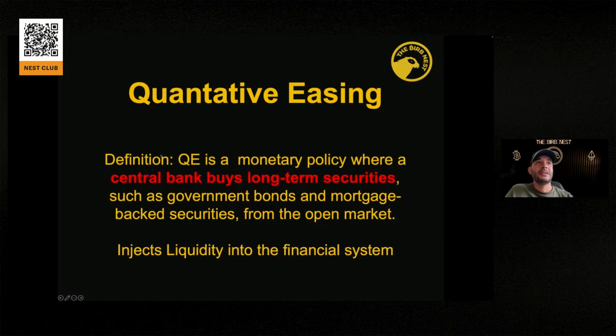Quantitative easing is something a little bit different, although they're related to each other. It's a monetary policy where a central bank buys long-term securities, such as government bonds, from the open market. What it does is inject liquidity into the financial system. I hope you guys are still with me.